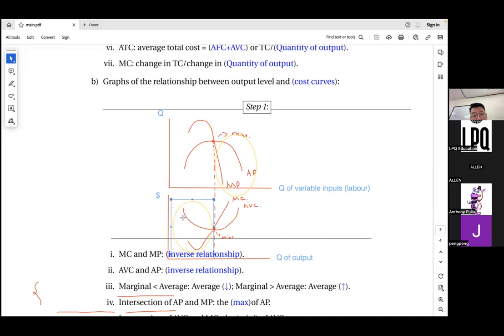By contrast, if the marginal variable is greater than the average variable, as in this blue circle, then the average variable must be increasing.